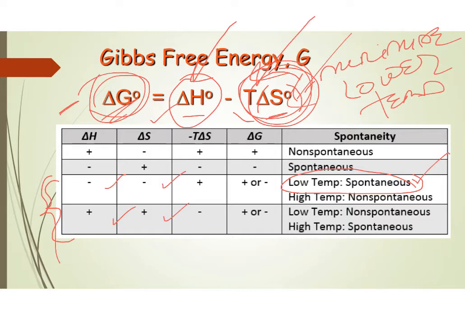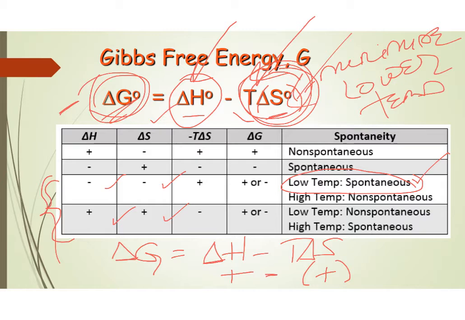it will be non-spontaneous. Let's look at it now for the situation when both enthalpy and entropy are positive. Again, remember, in order for it to be a spontaneous process, delta G has to be negative.